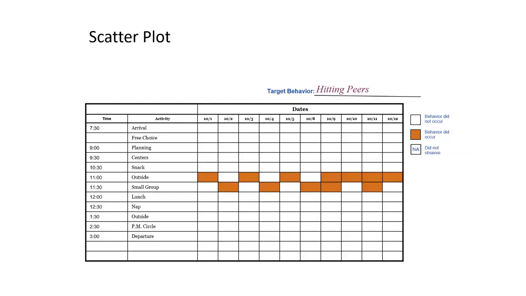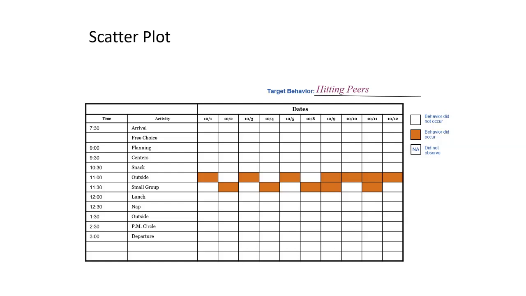We collected the data on Tim, and a good rule of thumb is to do observations for a 2-week period. That way you can see that it's happening on Mondays and Tuesdays and not the rest of the week. So maybe it's something to do with sleep over the weekend. Or you can see that it always happens during arrival or right before PM circle.